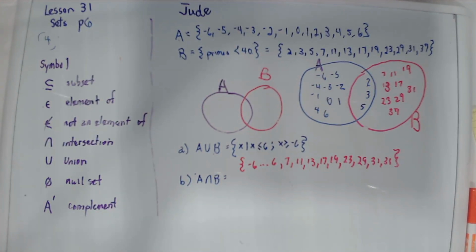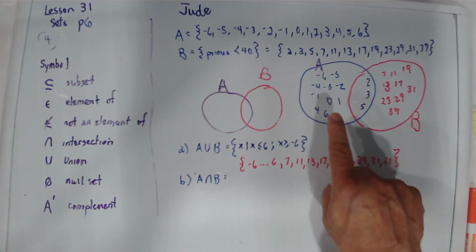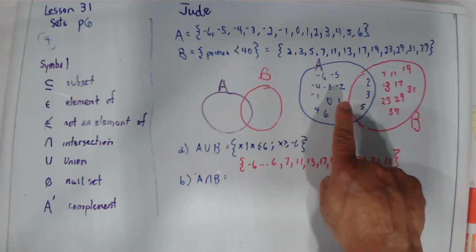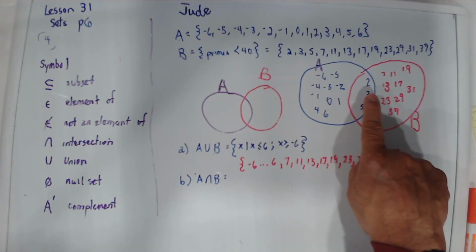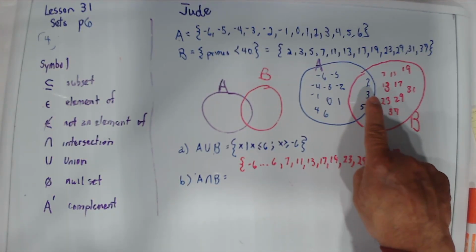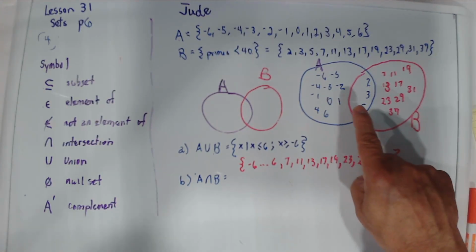Now, something a little bit easier to do is the intersection. So it says what's in A and in B. So when we drew this out, and you can see it right here, we have all the elements. The only numbers that were in A and in B are 2, 3, and 5. And we can see that here.